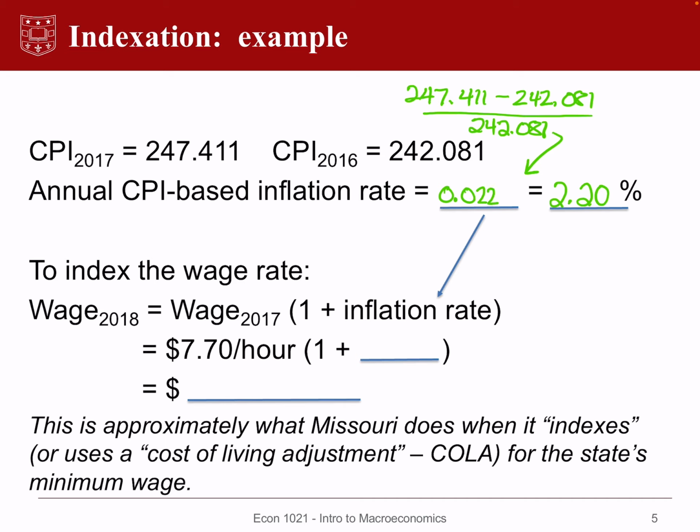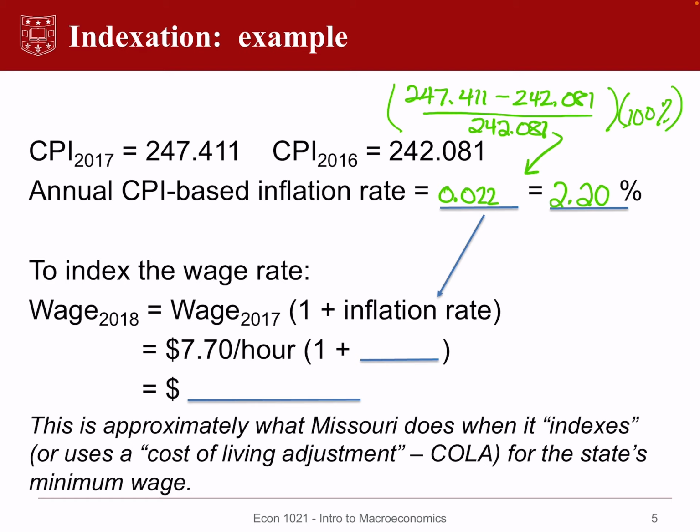And so again, multiplying by 100 expresses this then as a percentage. So we would say that according to the consumer price indices for 2017 and 2016, the rate of inflation over that year from 2016 to 2017 was 2.2%.